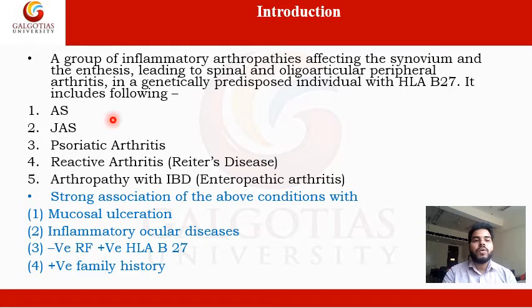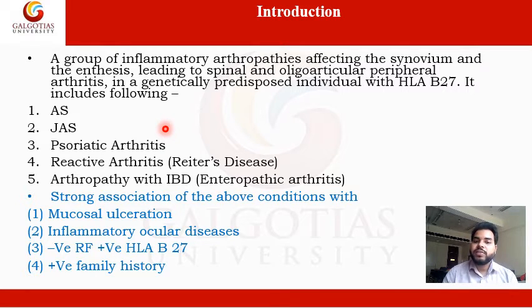It includes the following: AS, JAS, psoriatic arthritis, reactive arthritis, and the arthropathy with IBD, also known as enteropathic arthritis. AS means ankylosing spondylitis, JAS means juvenile ankylosing spondylitis, and then the psoriatic arthritis, reactive arthritis, and the arthropathy.